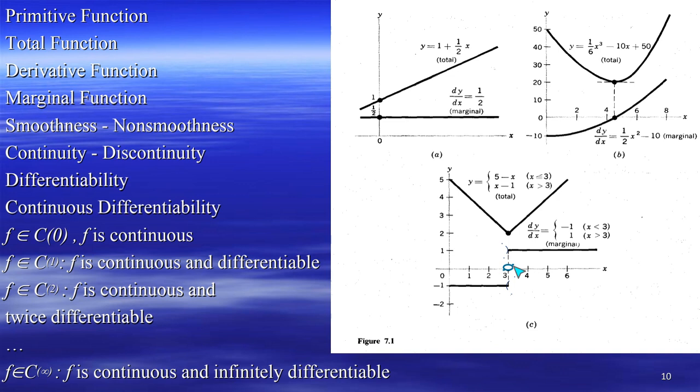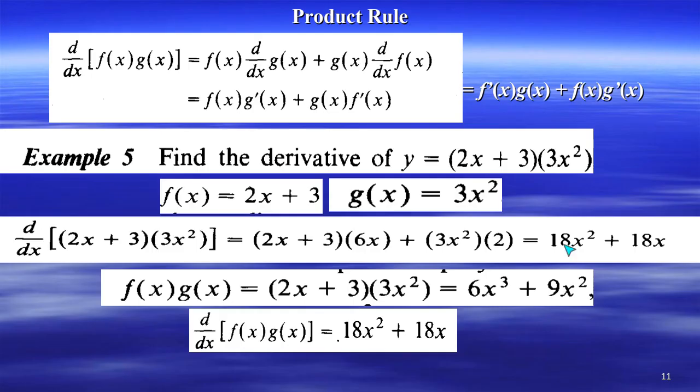But at the very point x equals 3, the derivative of this function doesn't exist. So in the book there is a mistake here. I think it doesn't put these small half moons. You should put these small half moons, and this should be empty here. You can't put a black dot somewhere because there is no derivative at x equals 3. So it should be shown this way. All right.